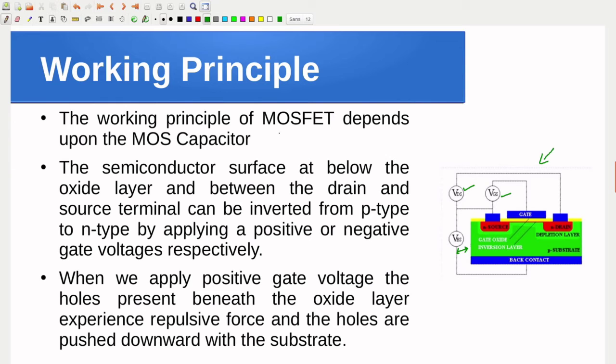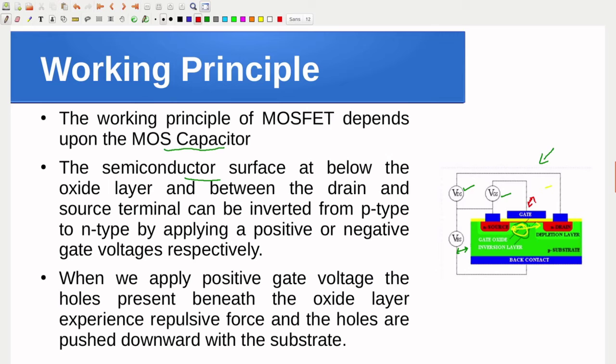The working principle of MOSFET depends on MOS capacitors. The semiconductor surface below the oxide layer, this area, which is between the source and the drain, can be inverted using the applied voltage at the gate.